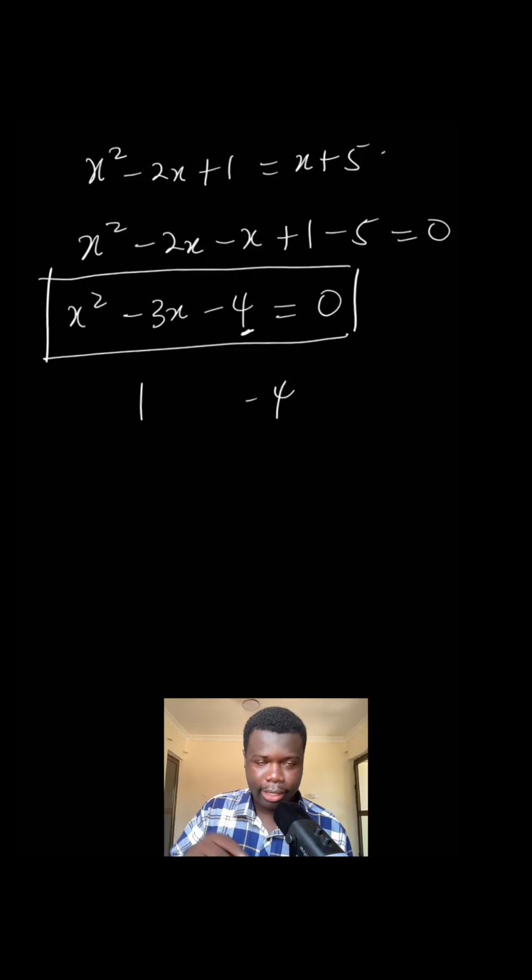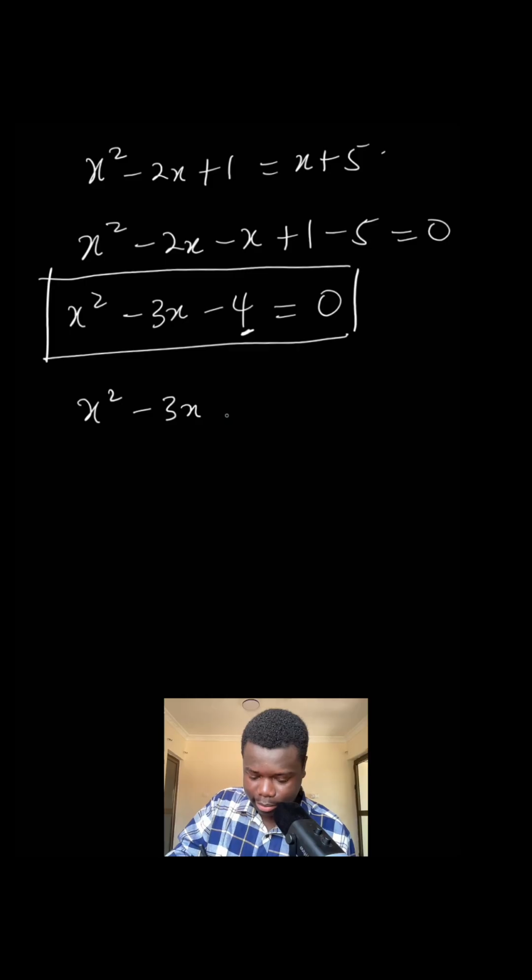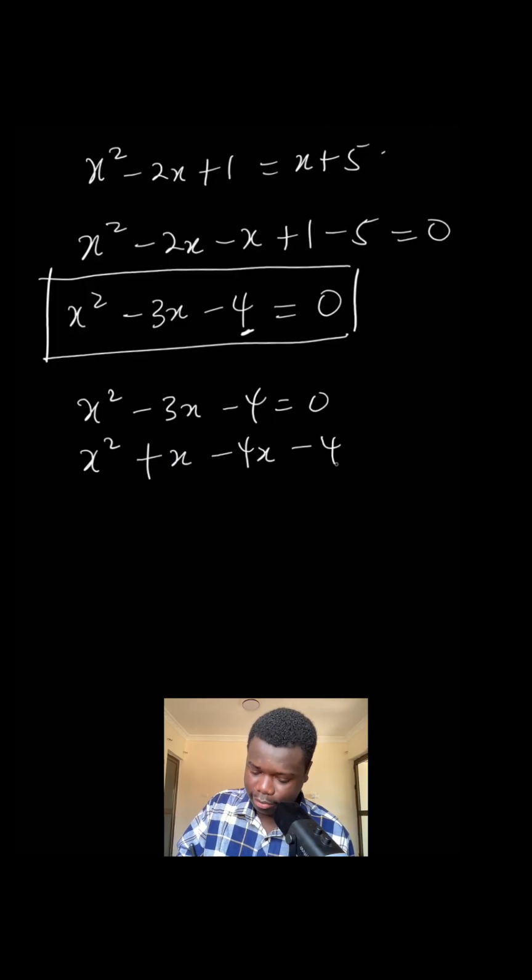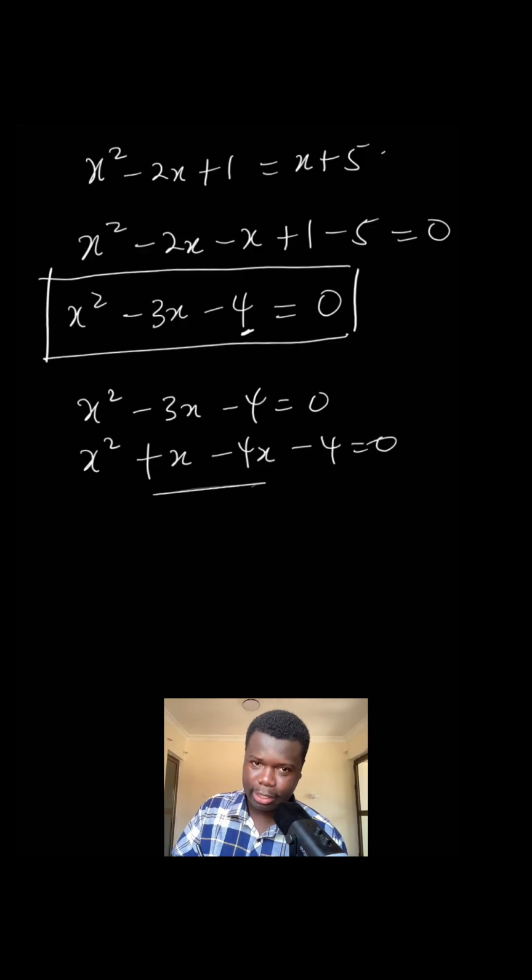So we now have to rewrite the quadratic equation using these factors. So we're going to have x squared minus 3x minus 4 equal to 0, so x squared plus x minus 4x minus 4 equals 0, because x minus 4x is going to give us minus 3x.